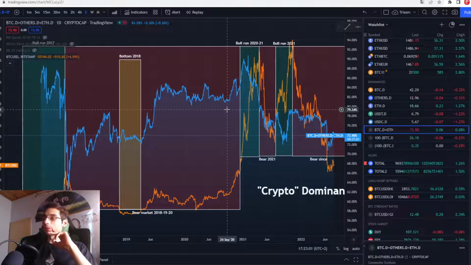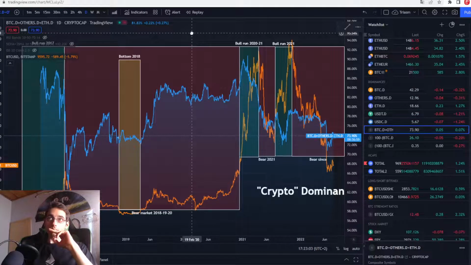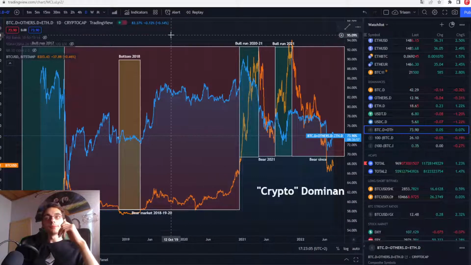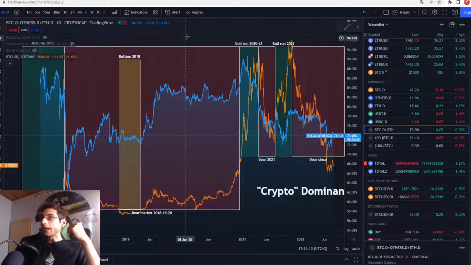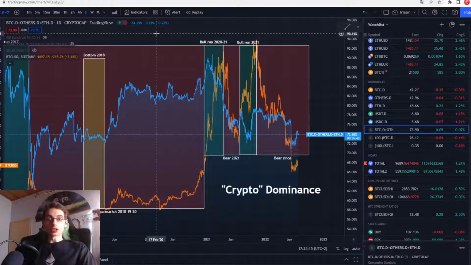So this is the chart I developed, that is the Bitcoin dominance, the Ethereum dominance, and the altcoins dominance all together. That leads us to the crypto dominance in general, where crypto stands as dollar denominated assets in the crypto markets. Okay, so this is not taking into consideration any other market, only crypto.